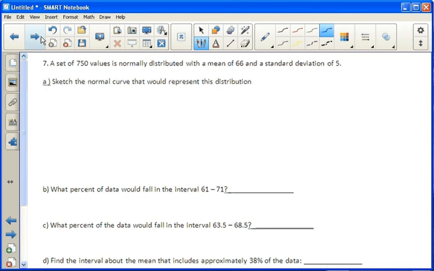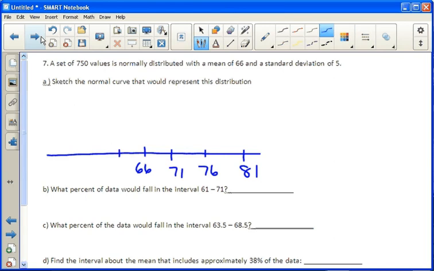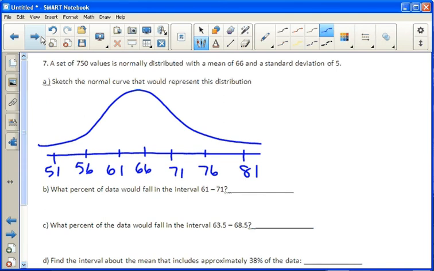Alright, when you're sketching a normal curve, you put the mean in the center, and then you go up 1 standard deviation, up 2 standard deviations, up 3 standard deviations and quit, then down 1, down 2, down 3. And draw your bell curve. So that's what we should be going for there. You don't have to do the dotted line. I do that just to kind of help myself with the center, make sure I know what I'm doing.